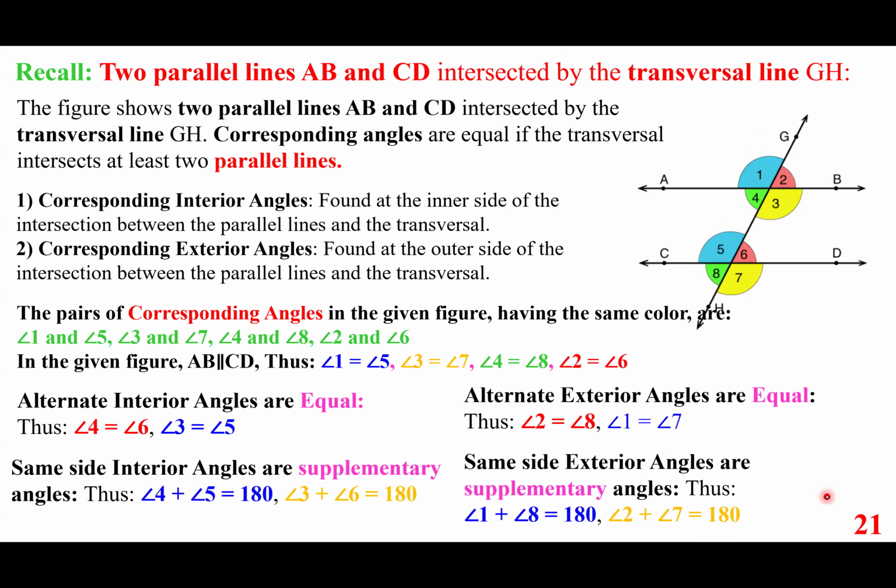Same side exterior angles are supplementary: 1 and 8, 2 and 7. So there's a lot of information here. When you have two parallel lines and a line crossing both, you should know which angles are equal, which are not. Okay, so hopefully we are very comfortable with that.